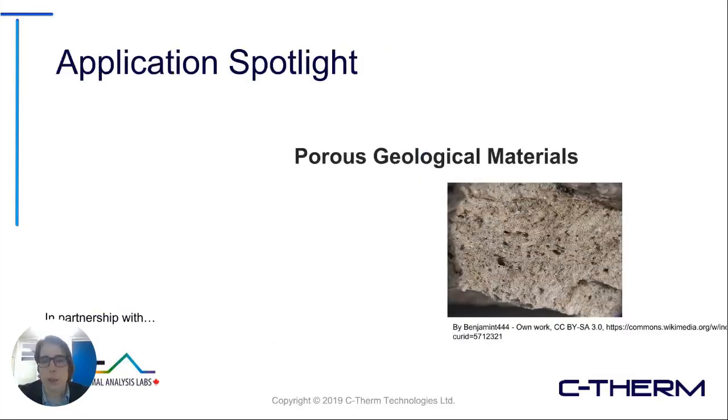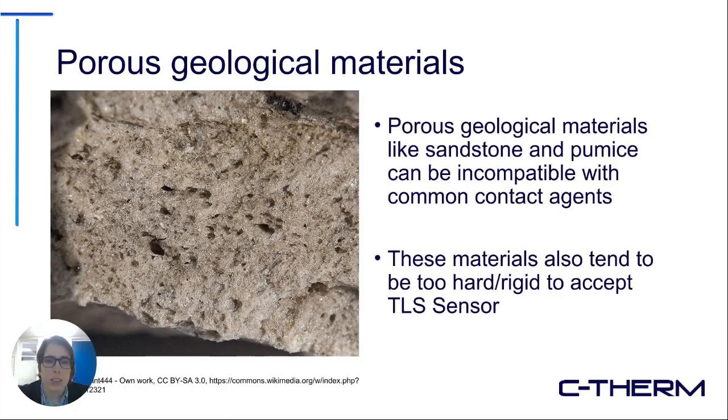So we're looking at porous geological materials, which are the kinds of materials that would be ideal for the flex sensor. Porous materials like some sandstones and pumice can be incompatible with common contact agents. For example, they might absorb all the water that you might put in contact with them, which is fine if you're looking at measuring their thermal properties when they're fully saturated.